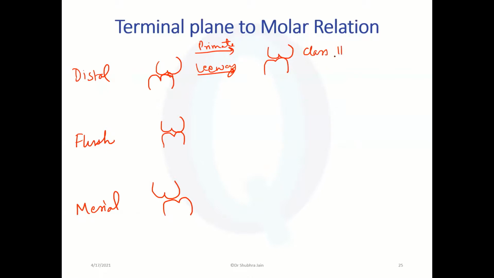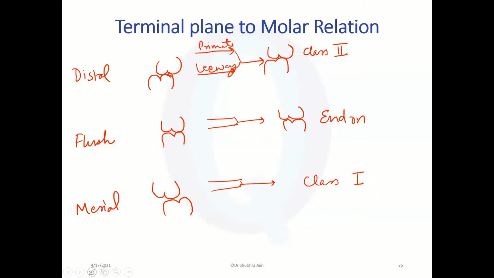You have seen that, right? Now let's see what happens to the flush terminal plane. After the utilization of all these spaces, the flush terminal plane goes to end-on. What happens to the mesial step? Mesial step goes into class 1.